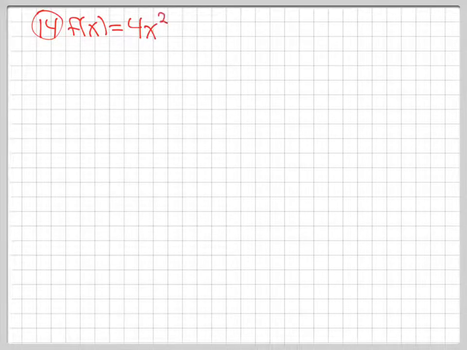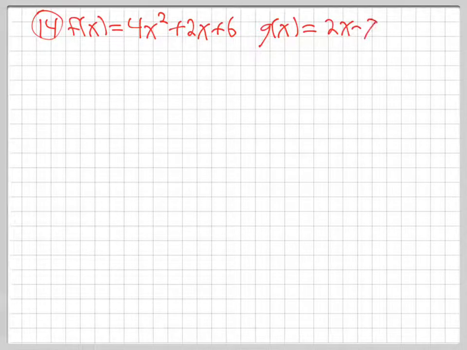Okay, let's try 14, it will be similar. They give us f of x is 4x squared plus 2x plus 6, and g of x equals 2x minus 7. And they want g of f of x. Let's rewrite it.